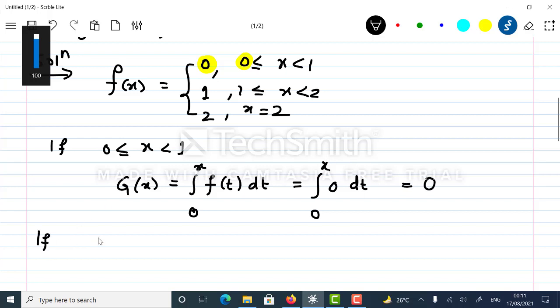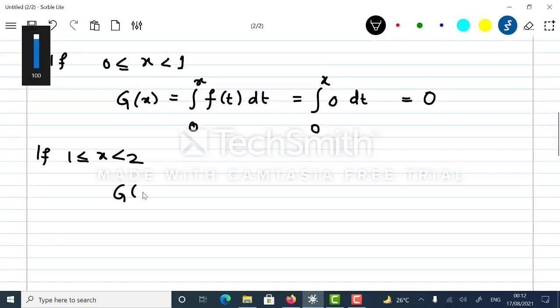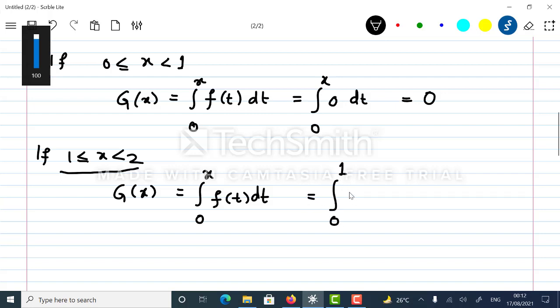Now if x is between 1 to 2, then again we will find out g of x. So g of x is integration 0 to x f of t dt. Now my x is between 1 to 2, so I should split this. So it is 0 to 1 f of t dt plus 1 to x f of t dt.